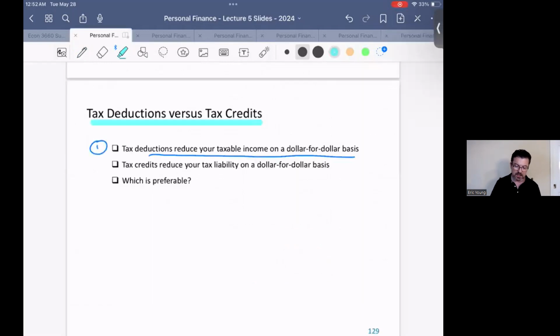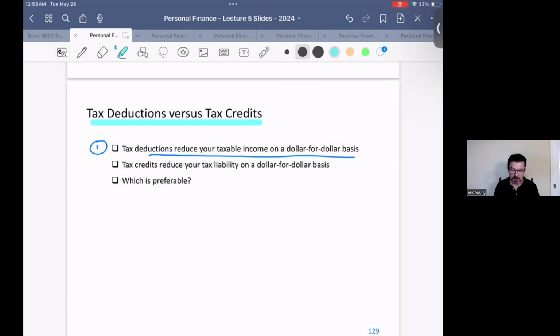So what deductions do is reduce your taxable income on a dollar for dollar basis. That's a good thing. Every deduction will reduce your taxable income. With a lower taxable income, you will therefore have a lower tax bill.